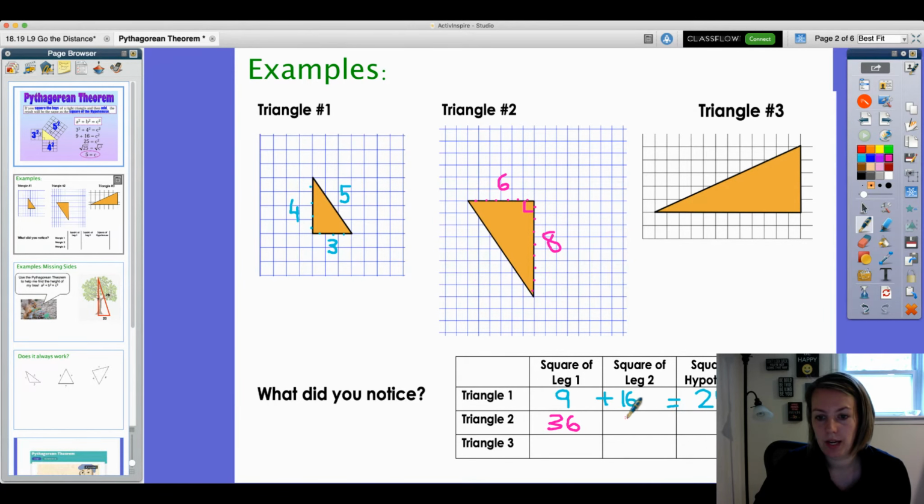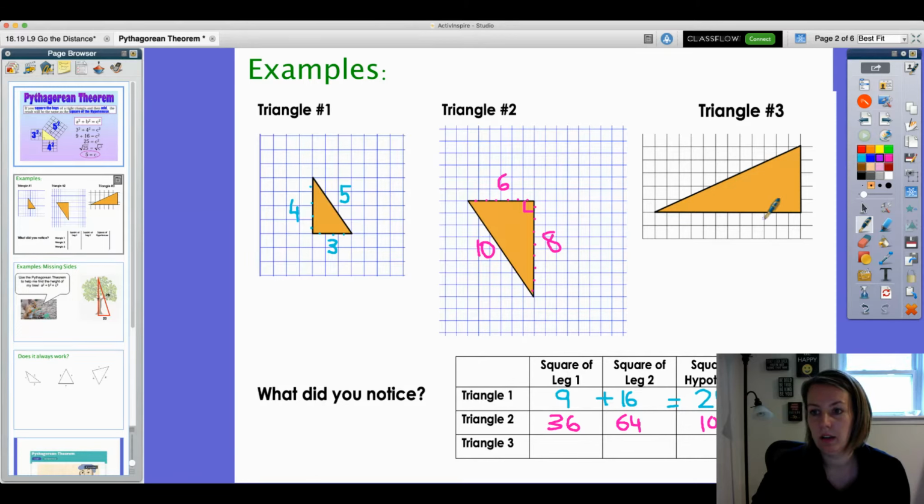And if I square 8, I'm going to get 64. So if I add 36 and 64, I'm going to get 100. Now that means if I square root this 100, I'm going to get 10. So that means my hypotenuse is 10. So again, that's one of the special or regular triangles that you could see. It's 6, 8, 10. And remember, this one was 3, 4, and 5.